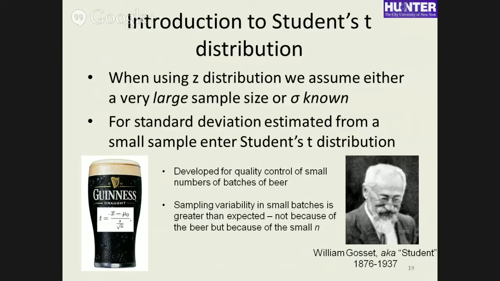I keep getting confused when you say sample size. Do you mean a sampling distribution constructed of a small number of groups, or a sample within a sampling distribution? So the question was about what I mean by sample size.